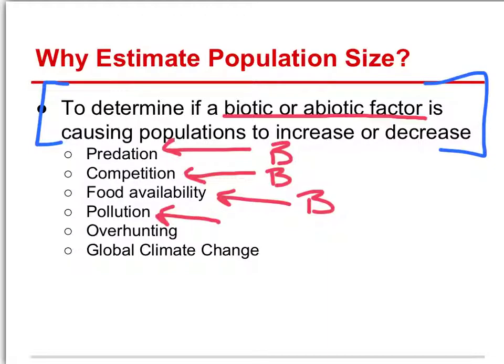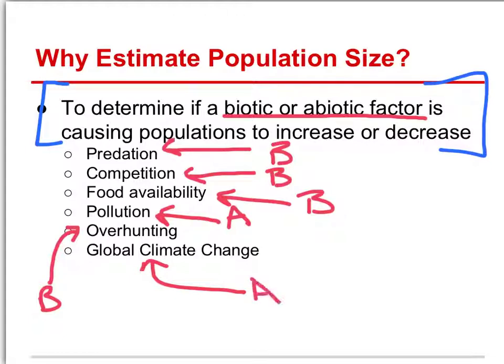Pollution. Obviously, air pollution, water pollution, sound pollution even might cause populations to change size, probably to decrease their size. That would be an example of an abiotic factor. Overhunting on humans' parts might cause populations to change size, a biotic factor. And ultimately, global climate change affects population size.